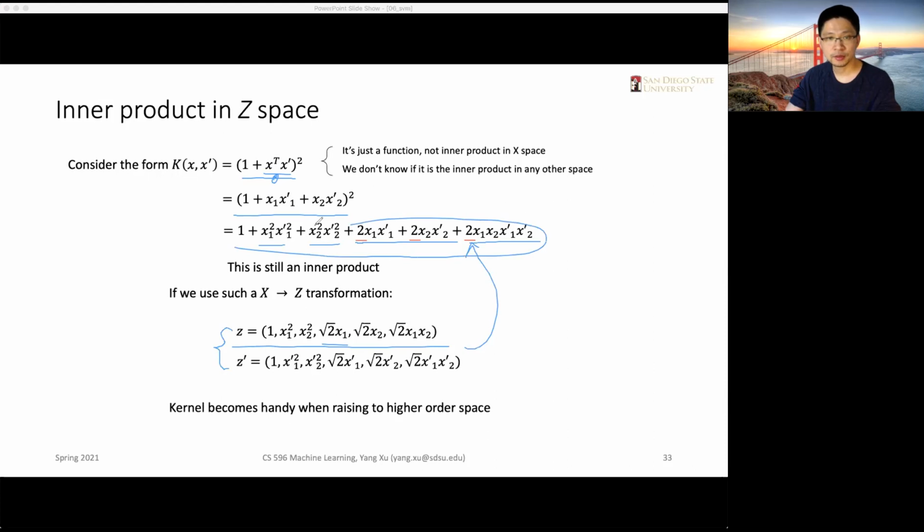So the whole idea is that if we choose the kernel function like this, even if at the beginning we don't know whether this is some inner product in the Z space, eventually we will find that it is indeed some inner product in some space.